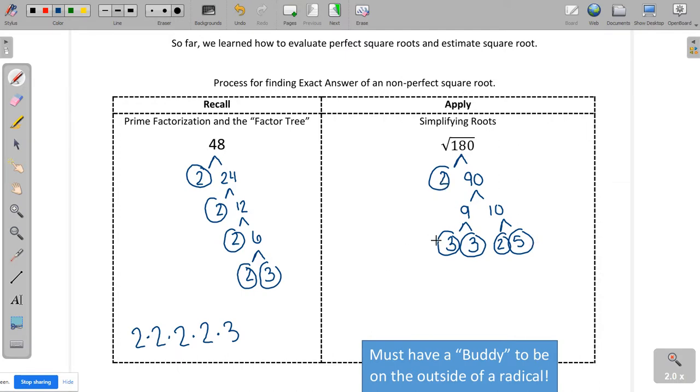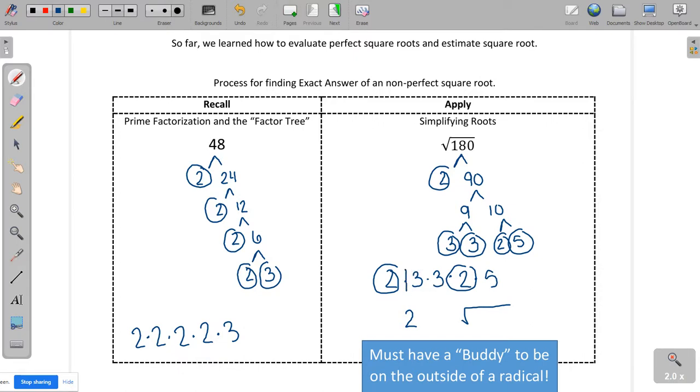Now, we have to have a buddy to be on the outside of a radical. So we have 2 times 3 times 3 times 2 times 5. So we need doubles. We have a 2 and a 2. So we're going to take this 2 and this 2 and only write it on the outside of our radical once.